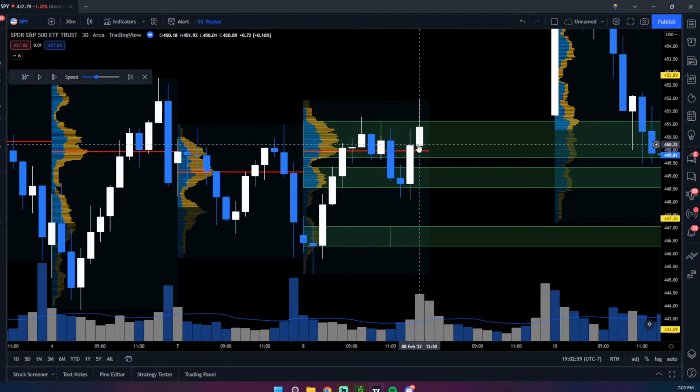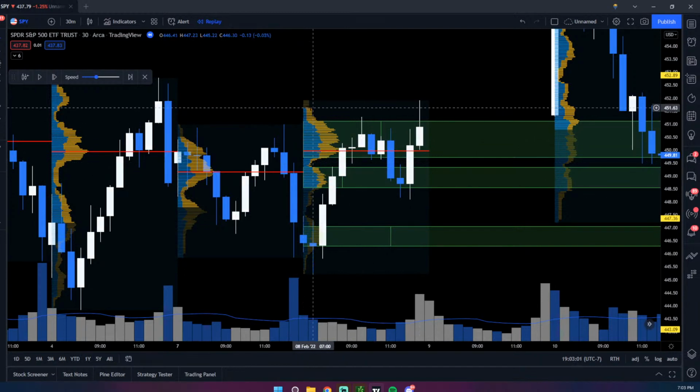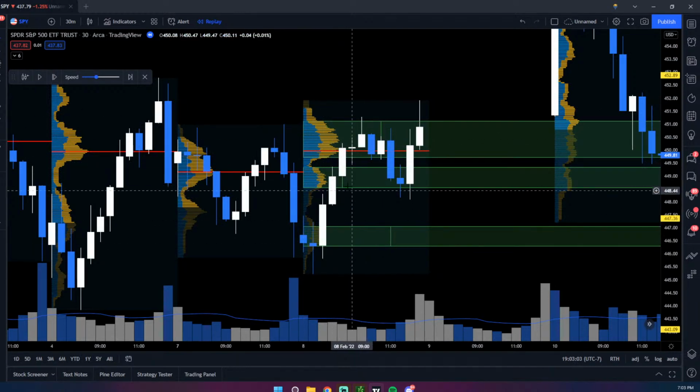But what you want to notice is once these shelves are formed, by the time we're trading here, once you have this little skinny belly, it might not look like a whole lot on 30-minute candles, but that's 449.72 down to 449.30, a 50-cent move, but we end up playing it to the far side.